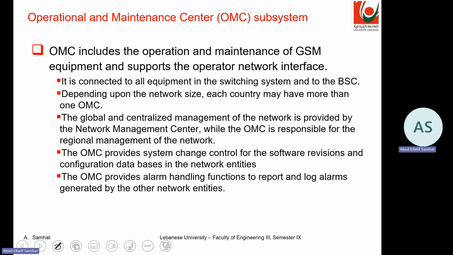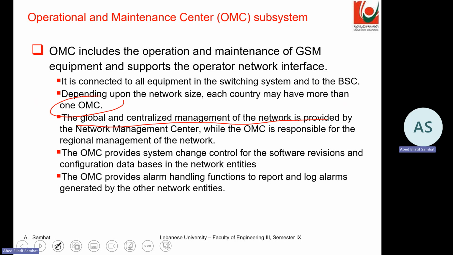It's connected to all equipment because it's the OMC, operation and maintenance center. Generally, if you have a small network, it's possible to have one OMC. If we have a big network, according to the country, it's possible to have a global and centralized management of the network with different OMCs. It's according to the size of the network, okay? It's possible to have more than one OMC per operator.